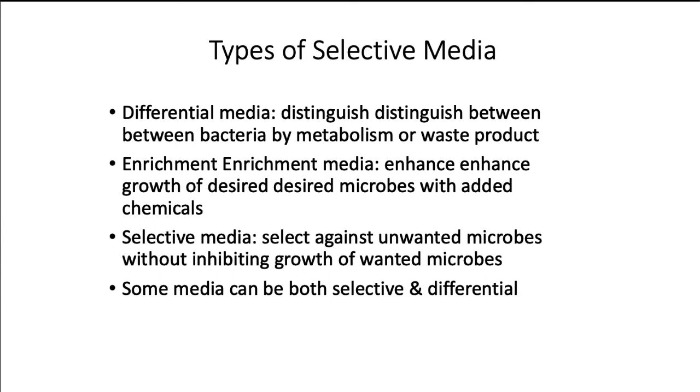For example, we can use differential media. If you know that your sample may have E. coli or a microbe with certain characteristics, differential media is going to make them look different on the plate. We are going to see examples of that.